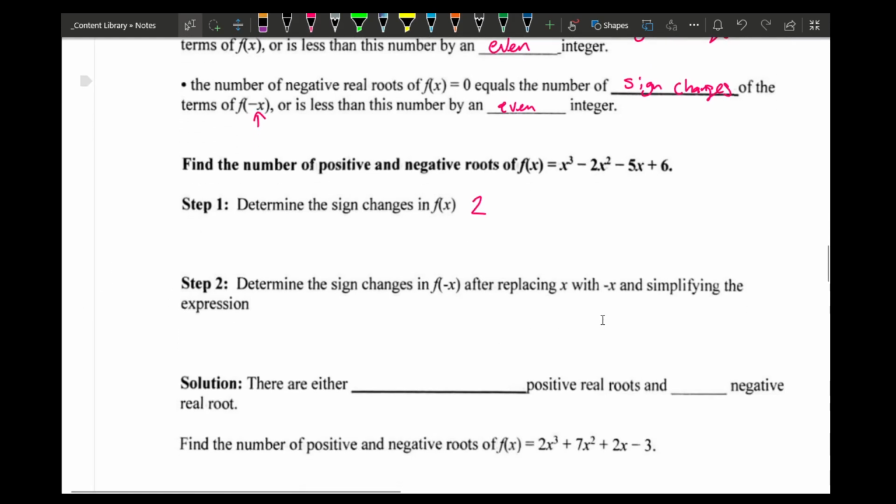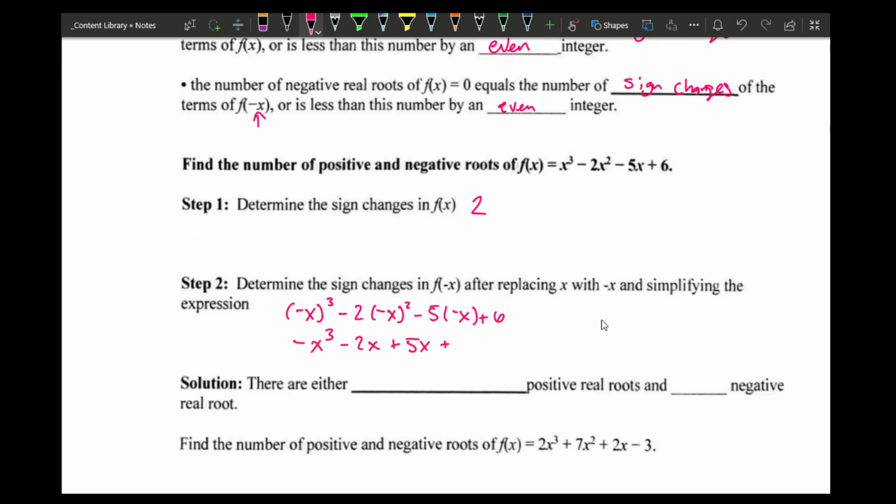Let's see how many negative roots there are. What I'm going to do is take my expression and just replace x with negative x and see what happens. Okay, so if it's an odd root, sign changes. Even root, nothing changes. So I get negative x cubed. This doesn't change. It was squared. Odd, so it does change.